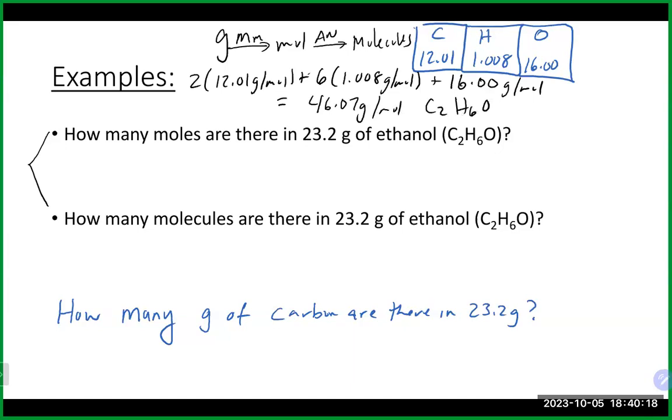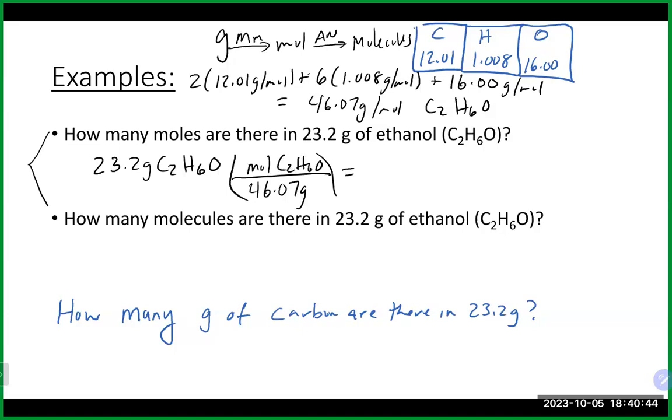Again, we're going to use that as a conversion factor here. So we'll do the first one here, which is 23.2 grams of C2H6O. Again, opposites cancel, so we need to put the grams on the bottom. Remember that when you do molar mass, the number always stays with the grams, and it's always per 1 mole up on top.